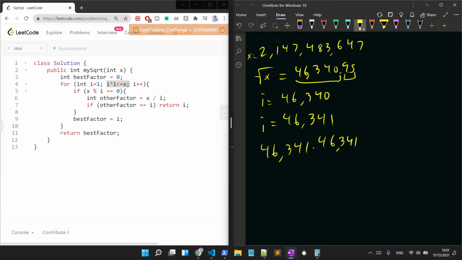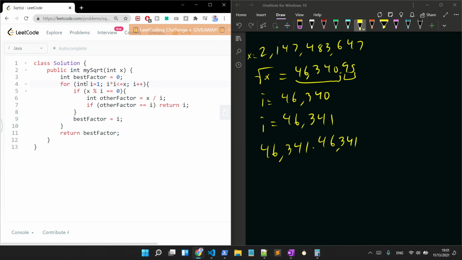Because we know the square root of integer max is about 46,340.95, this number times itself is greater than integer max, which means it's going to overflow. To avoid this, we need to treat i as a long. Instead of changing i to a long, because we'd need to turn it back into an int later since we're returning an int, just cast this bit as a long, and that'll deal with it.